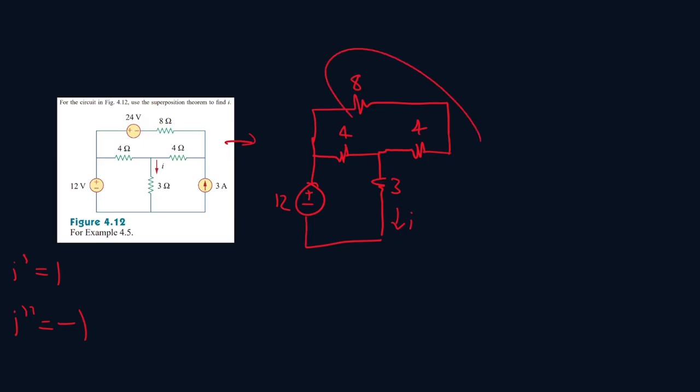We can see these two are in series, so it'll be 12. And then these two are in parallel. So 1 over 12 plus 1 over 4 and 1 over that answer. This gives us 3 here.